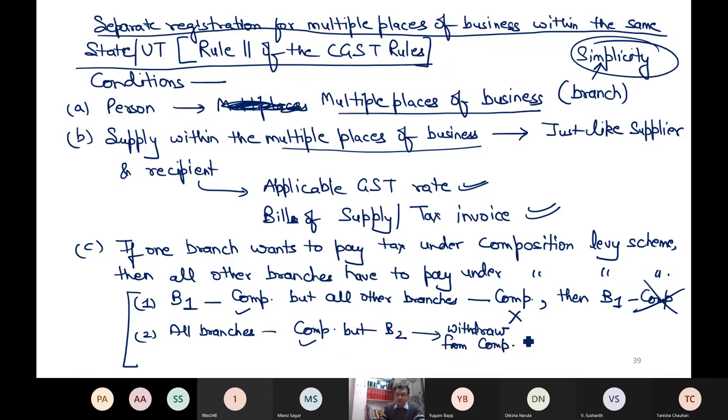Then the government says if B2 withdraws, then all by default have to withdraw. If B2 withdraws from composition, by default composition is withdrawn for all branches.